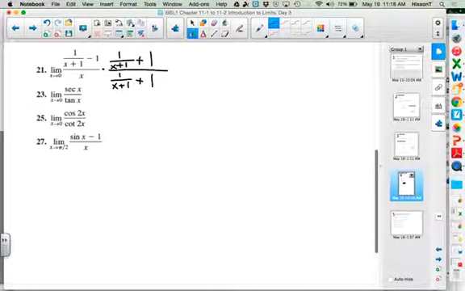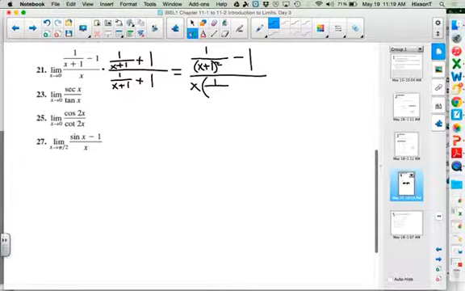So for example, in this case, when we FOIL the numerator, we get 1 over x plus 1 squared, and then that's going to be minus 1, over x times 1 over x plus 1 plus 1.